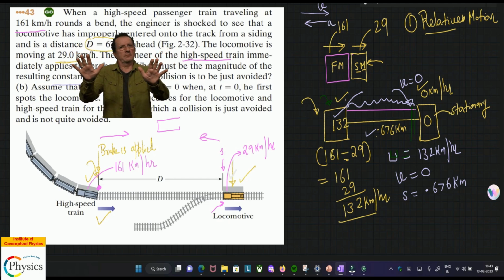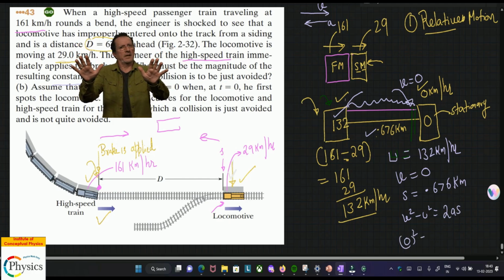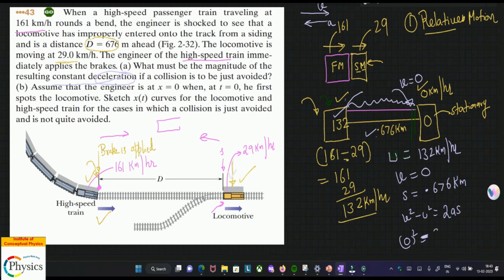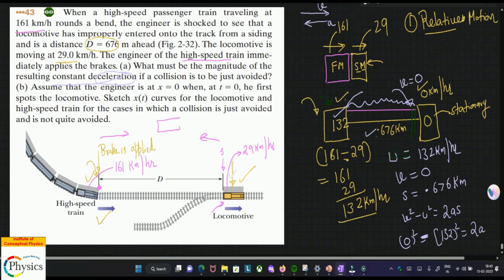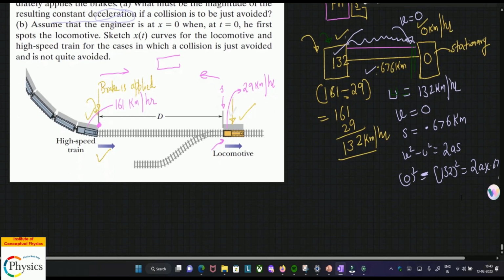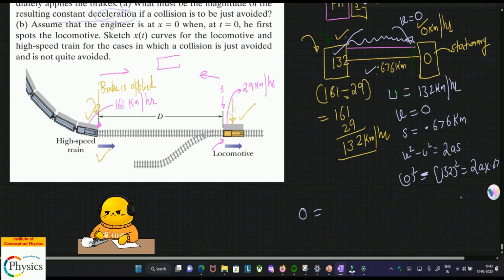Now it's a case of uniform retardation, so we will apply v square minus u square is equal to 2as. So 0 square minus u square, which is 132 square, is equal to 2 into a into s, which is 0.676, right?